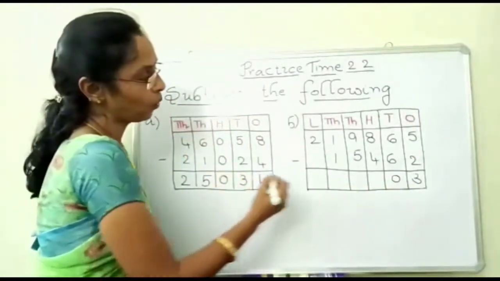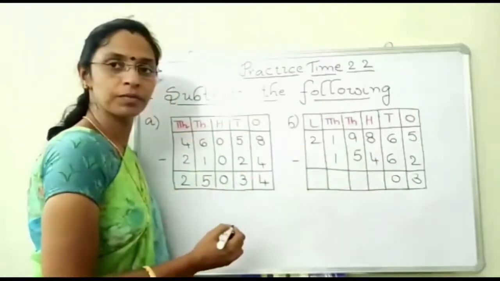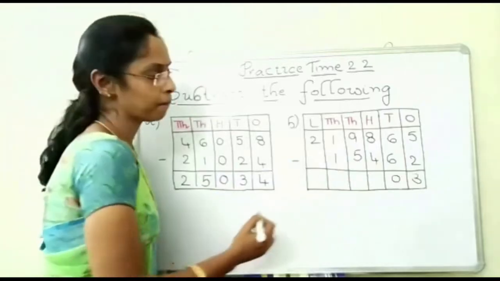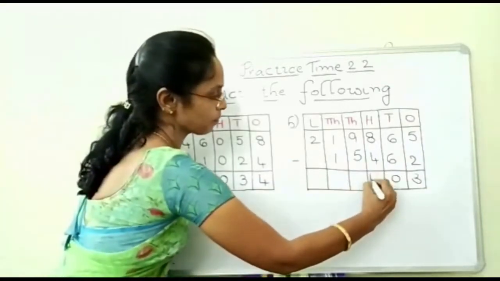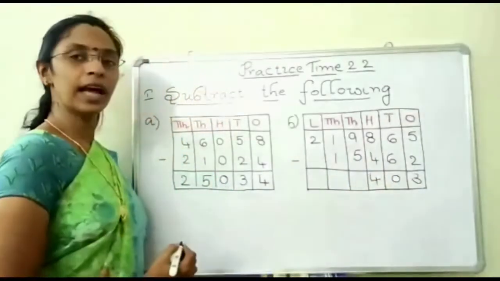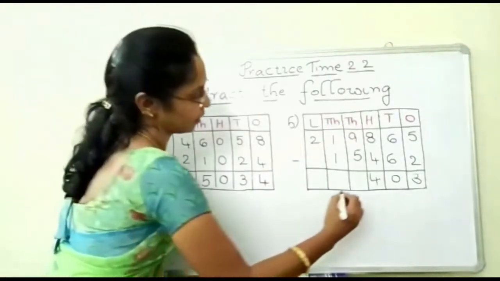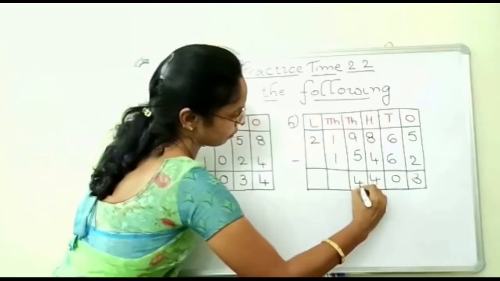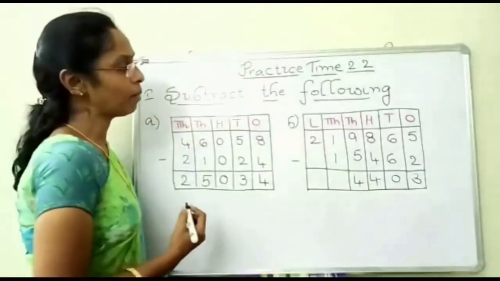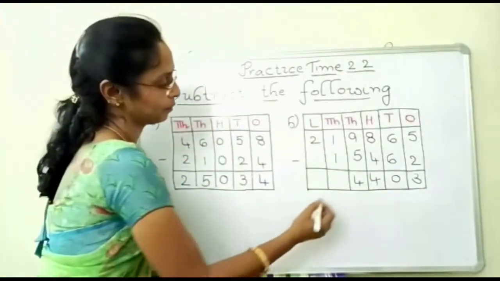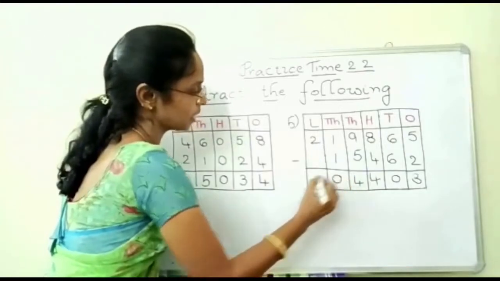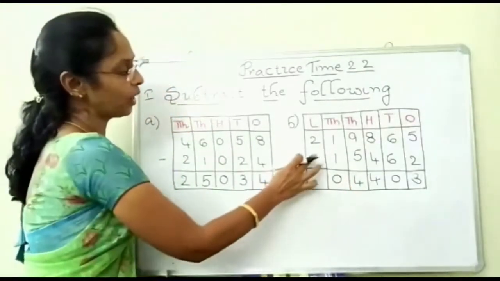Now, 8 minus 4. What is 8 minus 4? 8 minus 4 is 4. 9 minus 5. What is 9 minus 5? You get 4. Now 1 minus 1. Yes, you get 0. Here you don't have any number.